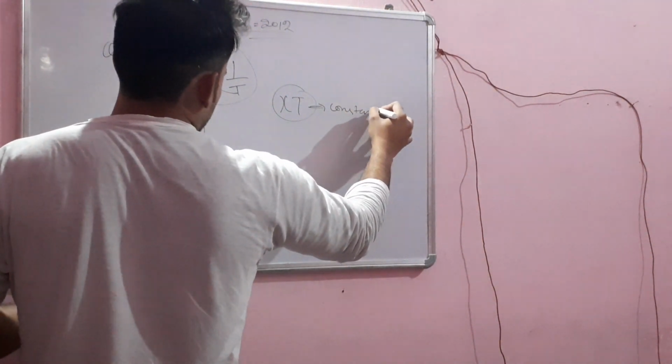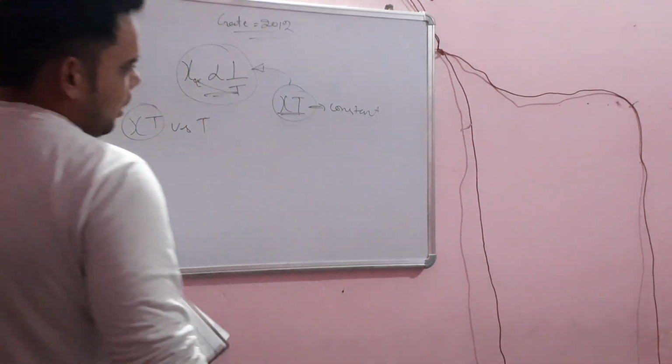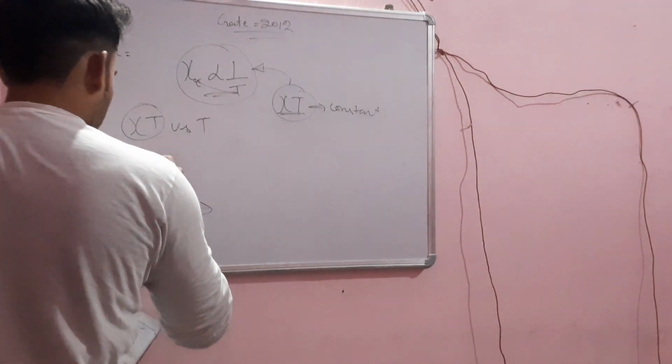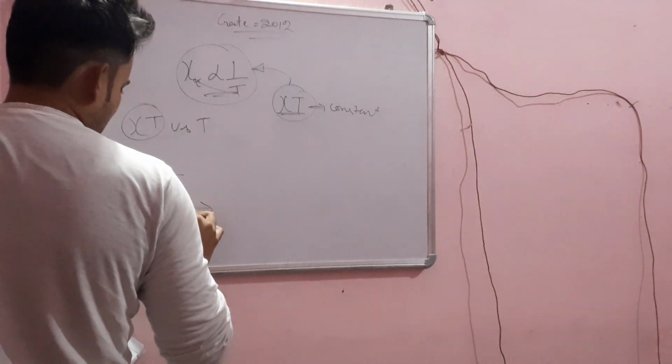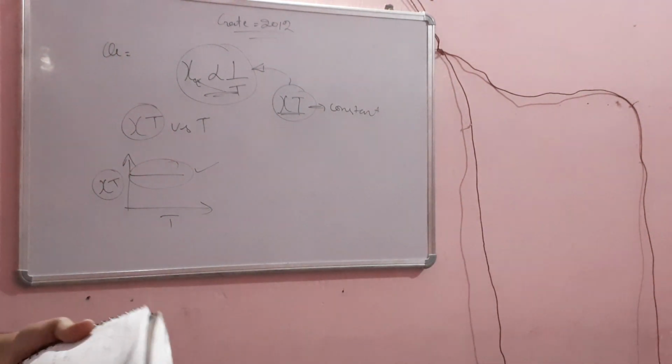As Curie's law states, if χ and T are multiplied, then it is a constant quantity, and for a constant quantity the graph will be a constant value. χT will never change with temperature. So that's your correct graph for the question.